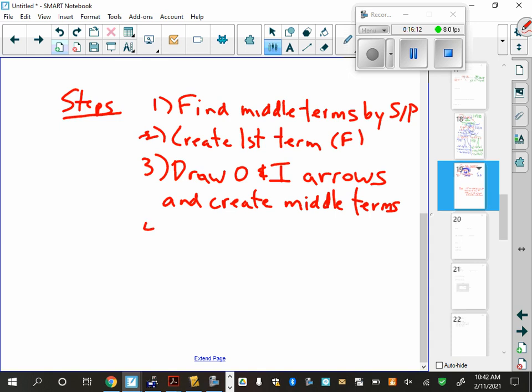And 4th, same last step. What's the same last step? Rhymes with Shrek. Good job. Check using FOIL. Make sure you didn't put the numbers in the wrong term.